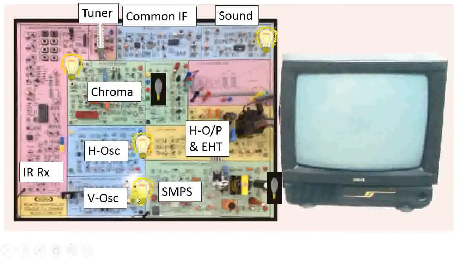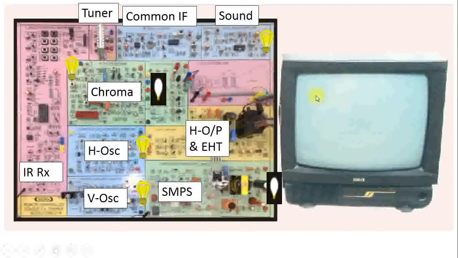So vertical oscillator output is directly connected to the vertical coil of this color television. H oscillator output is amplified. Actually, more voltage is required compared to vertical. So this H oscillator output is given to the H output, and finally this 15625 Hertz output signal ramp is amplified and given to the H coil.